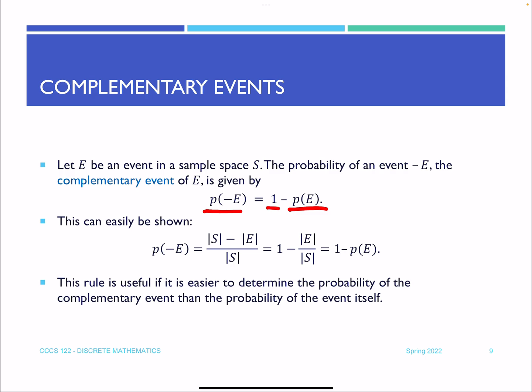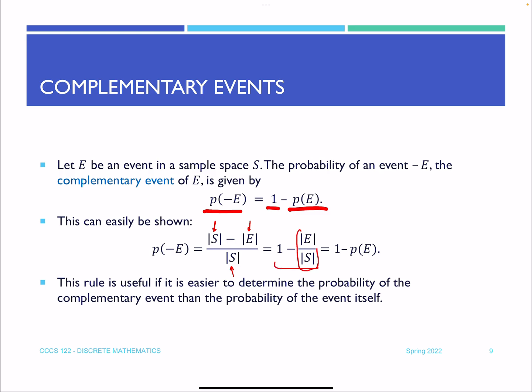So what is the number of outcomes in the non-event, not E? It is the number of elements in the sample space minus the number of elements in E, divided by, to find the probability, the number of elements in the sample space, which you can rearrange to write like this.